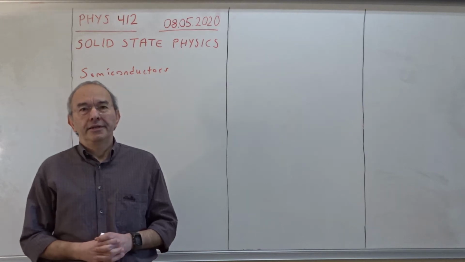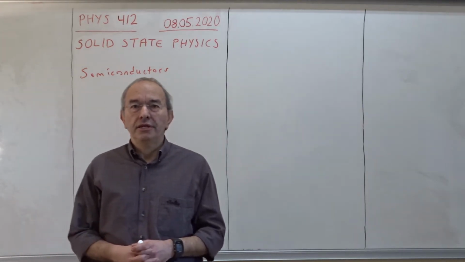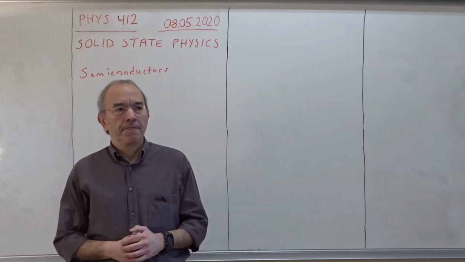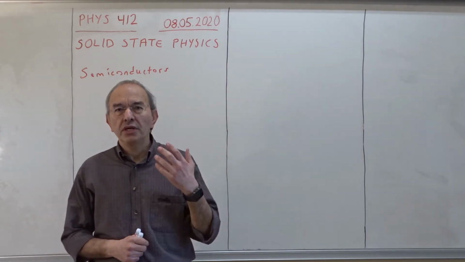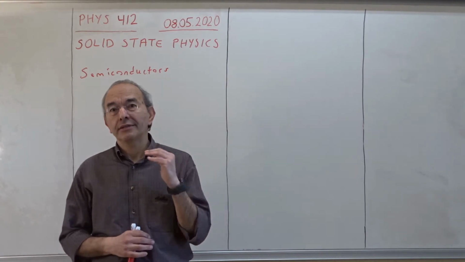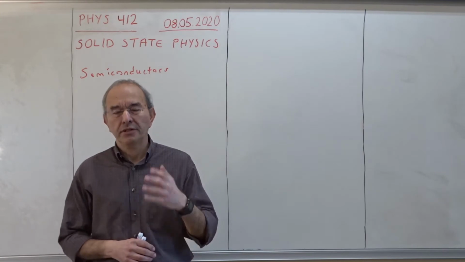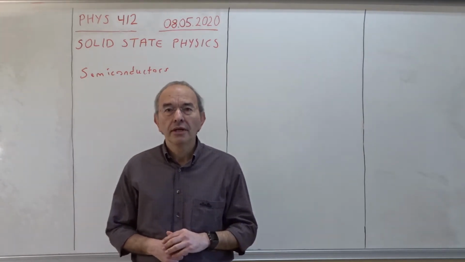Hi. In solid state, we will today start to see the concept of semiconductors, which are in between the good electrical conductors and the good electrical insulators. It is somewhere in the middle.